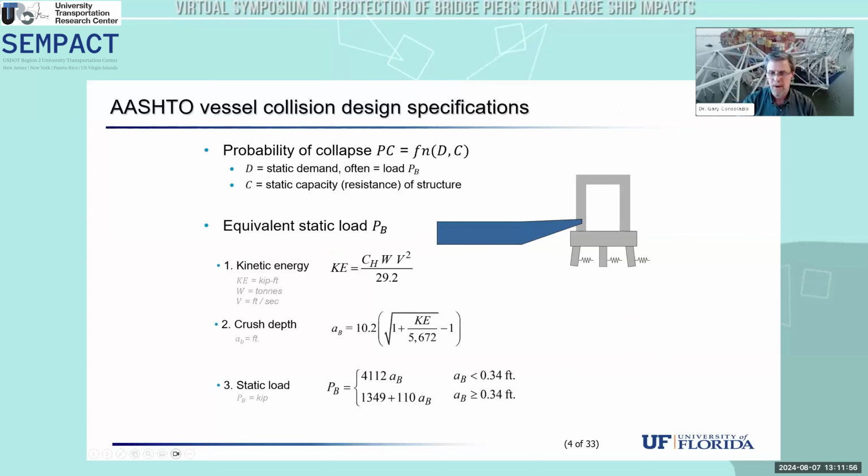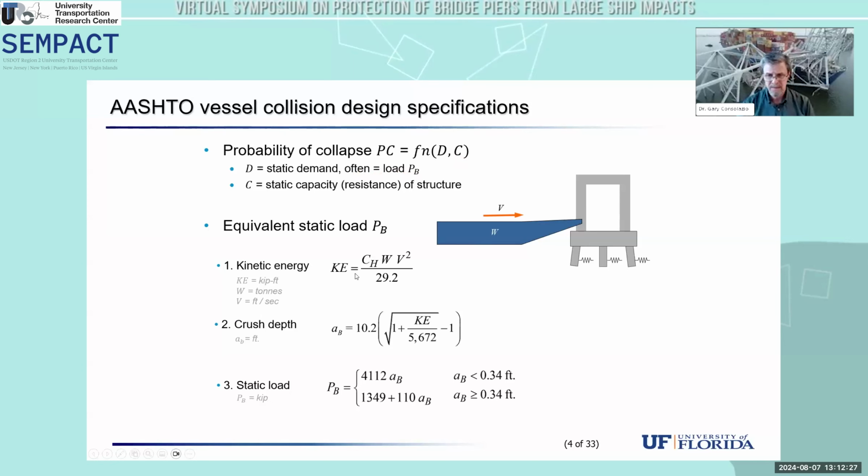So again, the probability of collapse expression in AASHTO is a function of the demand on the pier as well as its resistance or capacity. Very often the demand is taken as being equal to the equivalent static impact force. And so I'm indicating PB here, the barge impact force, but we've seen the equation previously for PS, the ship impact force as well. So the process for barge impact, at least, that's included within AASHTO is to start with a kinetic energy calculation.